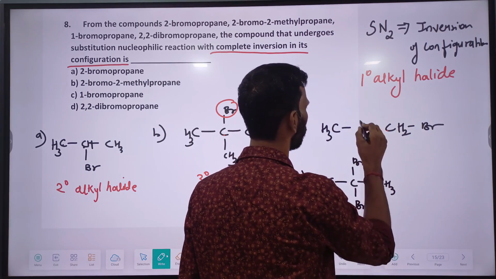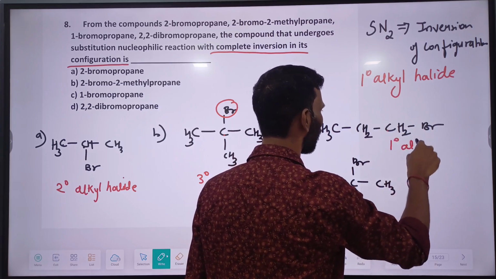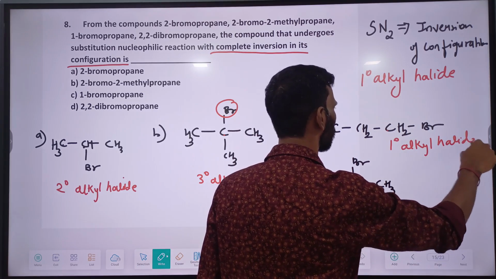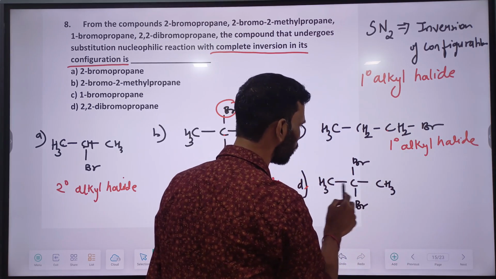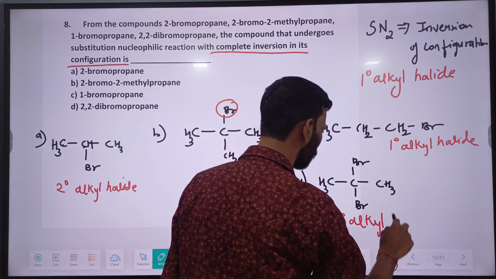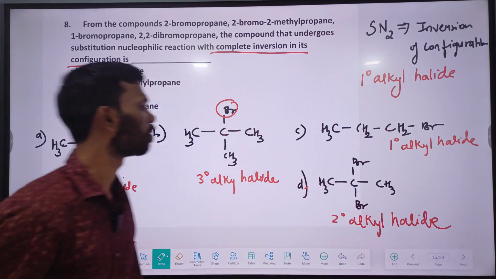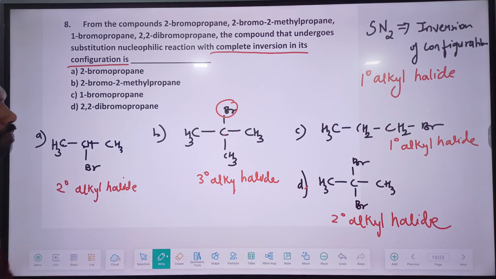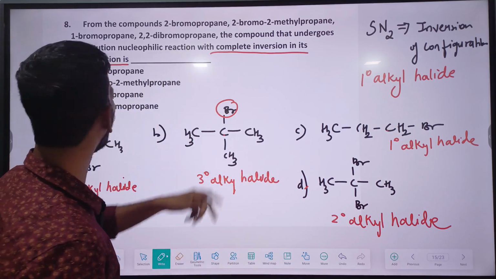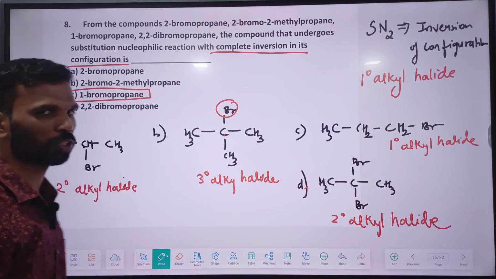This is CH2, so this is primary alkyl halide. What about this? This is also secondary alkyl halide. So the answer is C, primary alkyl halide, 1-bromopropane. This is your answer for this question.